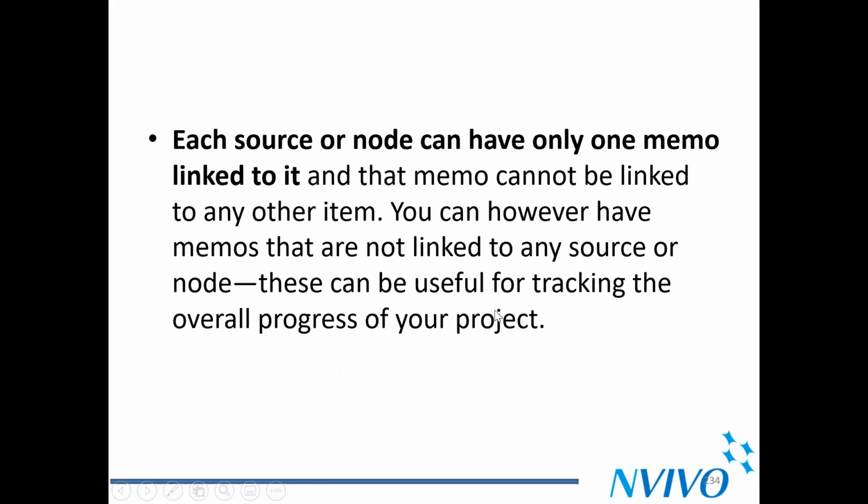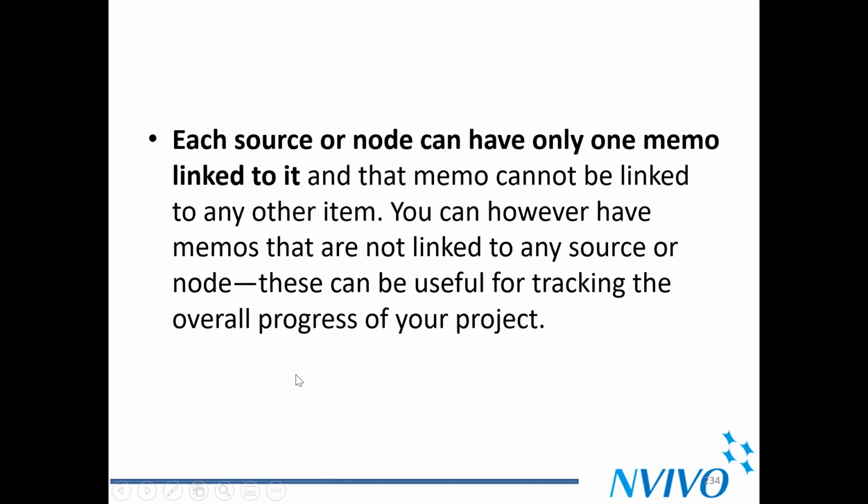Each source or note can only have one memo linked to it. Understood? Any one file or any node can only be linked to one memo. You can have 4 memos, but you can only link to one. Let's say for I Know you have 4 memos, but you can only link to one memo. You cannot link more than that.